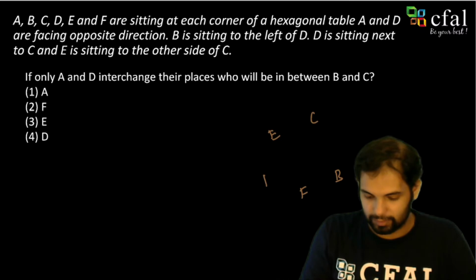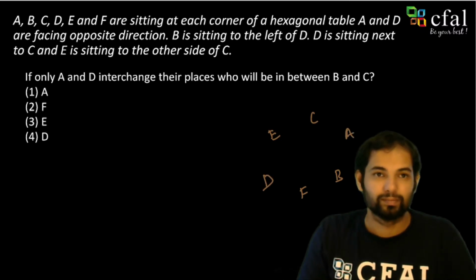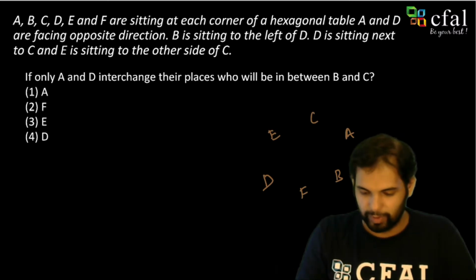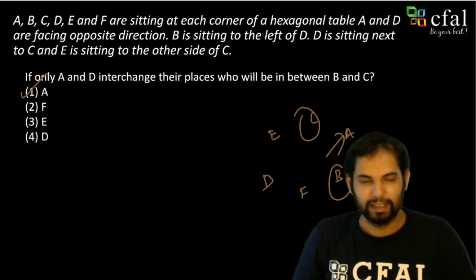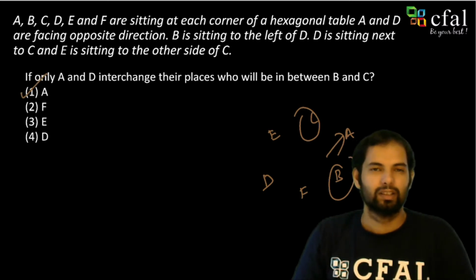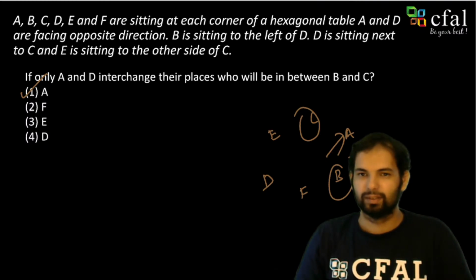So this is D, this is A. Who will be between B and C? Yes. Between B and C is A. Before it was D, now we have interchanged. What changed is the position of D, right? So the answer is A.